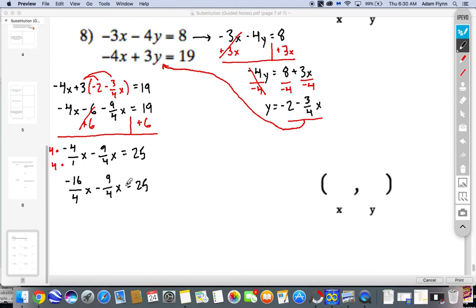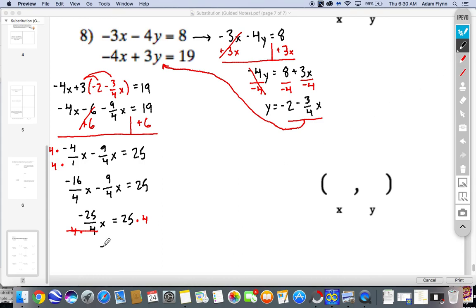When I'm subtracting these, I'm not going to change my denominator, just focus on my numerator. So -16 minus 9 is going to be -25 over 4x equals 25. To clear this fraction, multiply both sides by 4. 4's cancel on the left side.